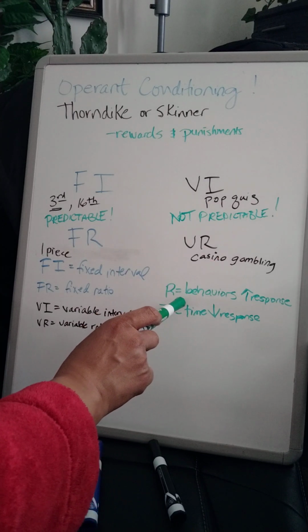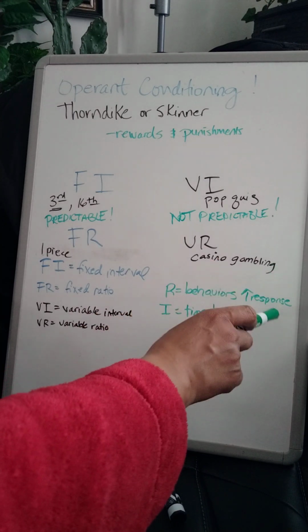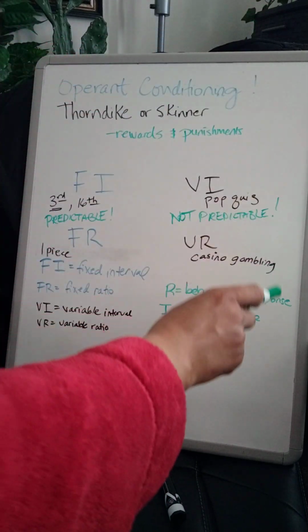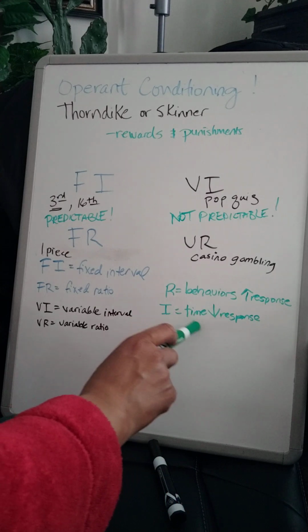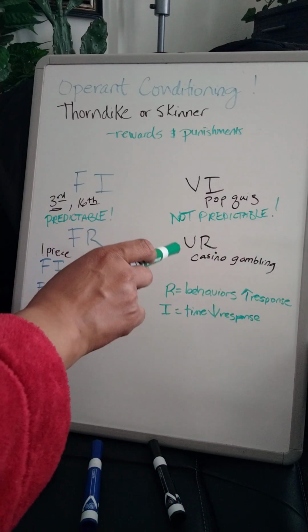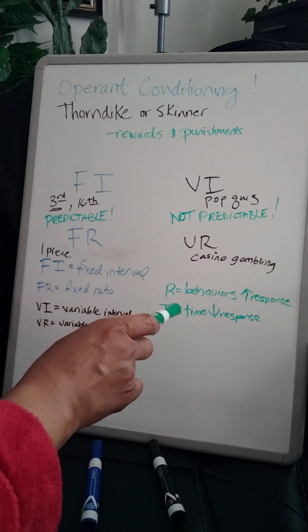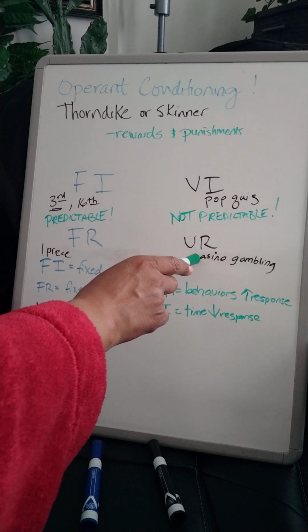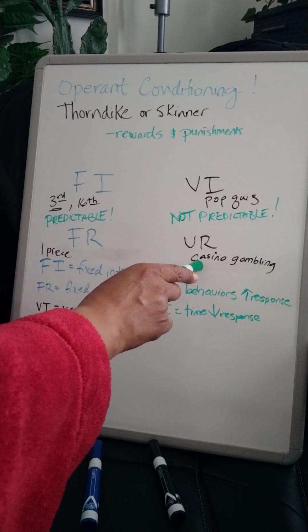So remember, our ratios, our behaviors, up, up, high response. Okay? Time, low response. So when we look at our strongest and hardest to extinguish, we have our VR, which is our variable ratio.